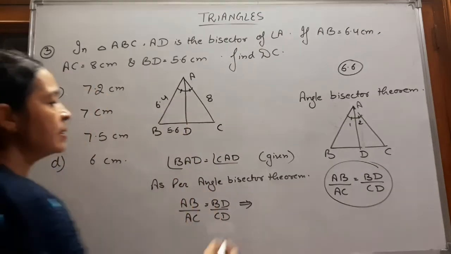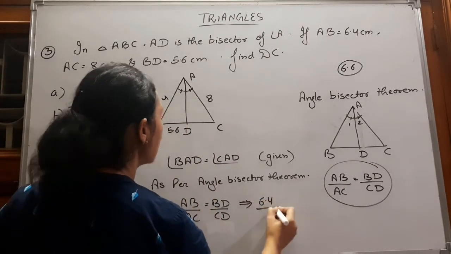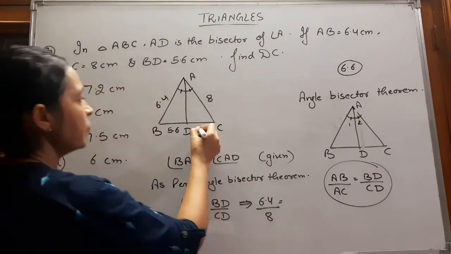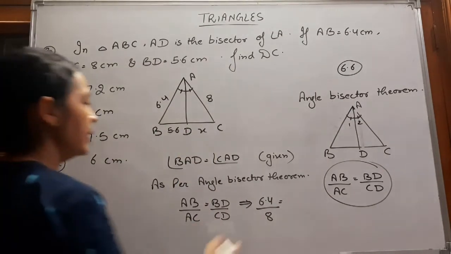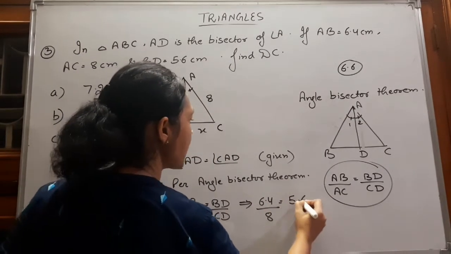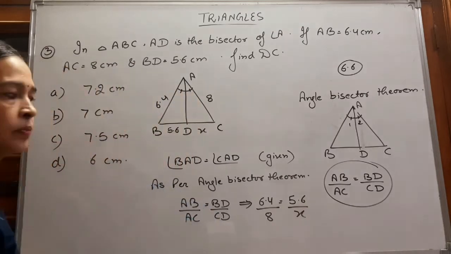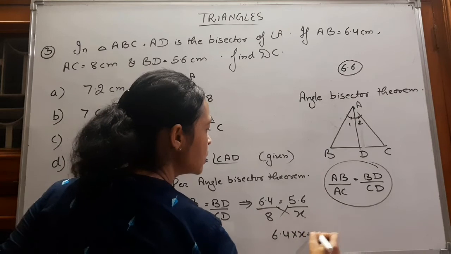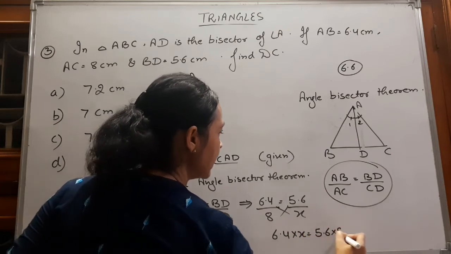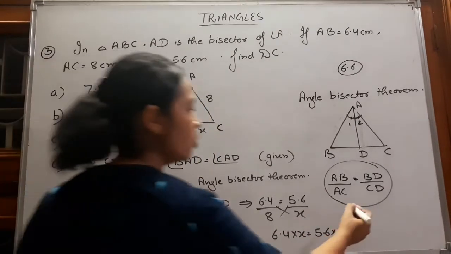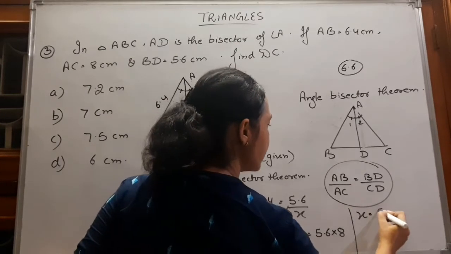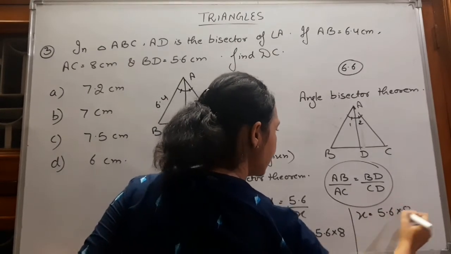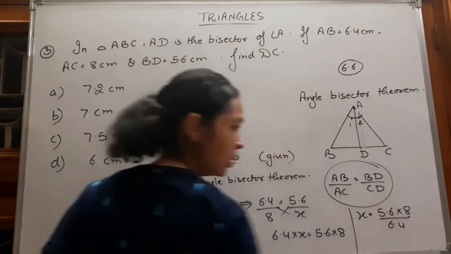So what is AB? 6.4 upon 8. Let us take CD as x, equals 5.6 by x. Cross multiply. 6.4 into x equals 5.6 into 8. We have to find the value of x. x is 5.6 into 8 by 6.4.